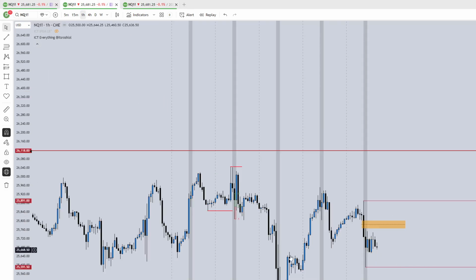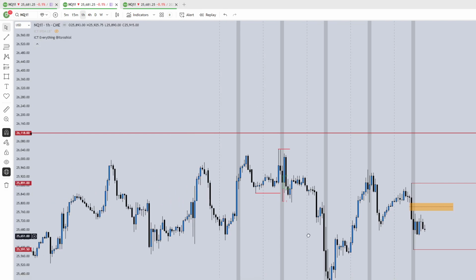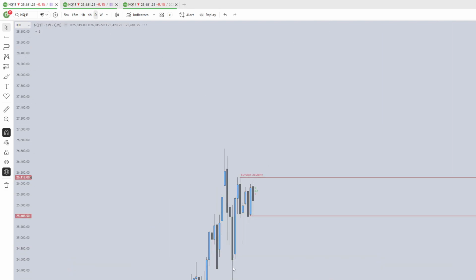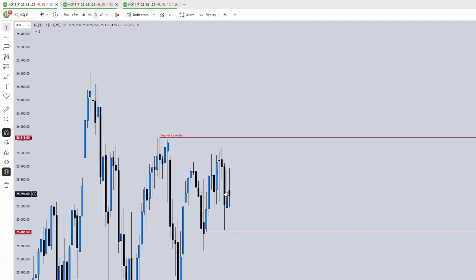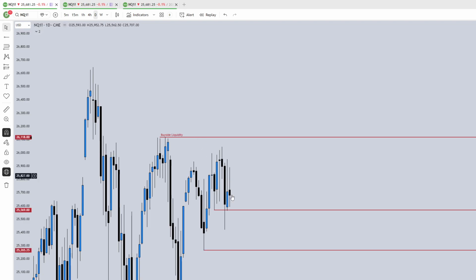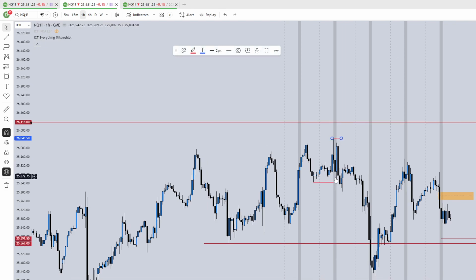Okay, so now we're going into Wednesday. So you can see Wednesday was a bearish day, so I'll put that low and that low, and you can see where my weekly bias shifted, which I'll also get into before we get into Wednesday's price action.